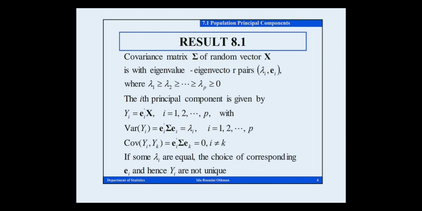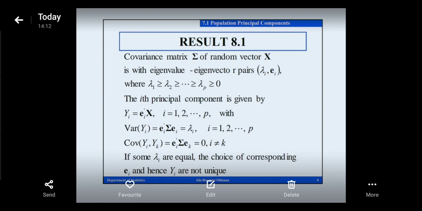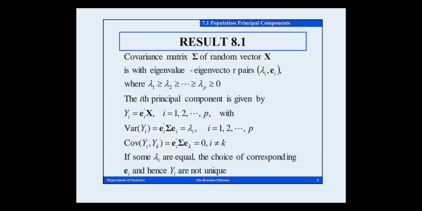So we can find the variance of the linear combination YI ataupun the variance of the principal component YI by you multiply the variance covariance: variance of yi equal to normalized eigenvector I transpose multiply variance covariance matrix X, okay, multiply EI, okay, and it is actually equal to lambda I.